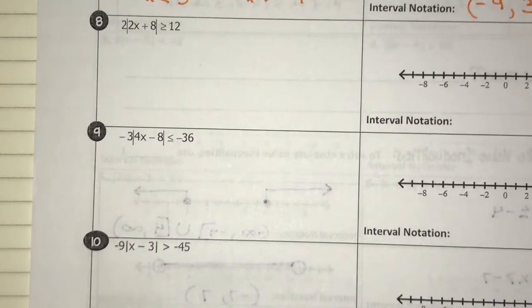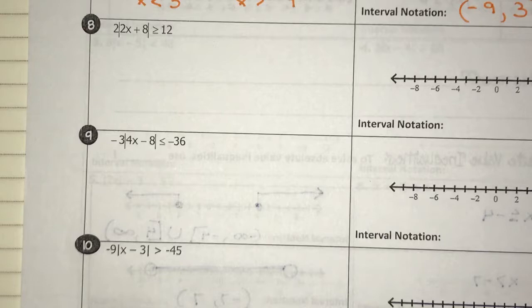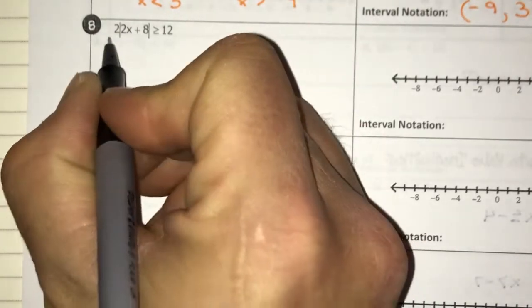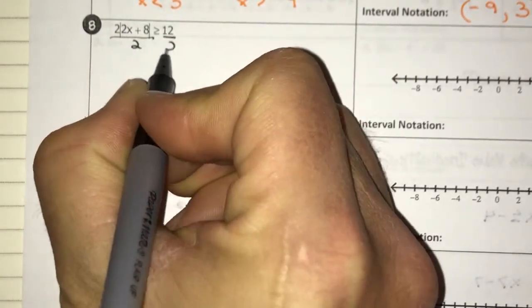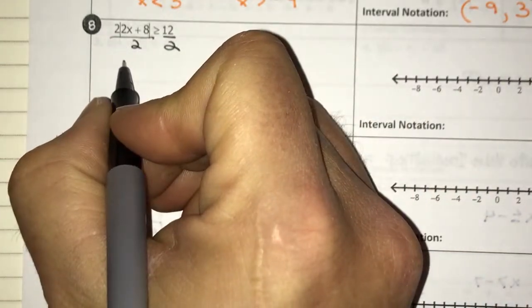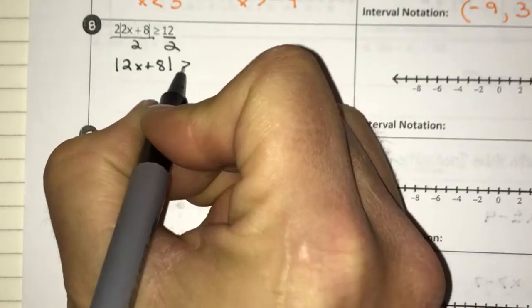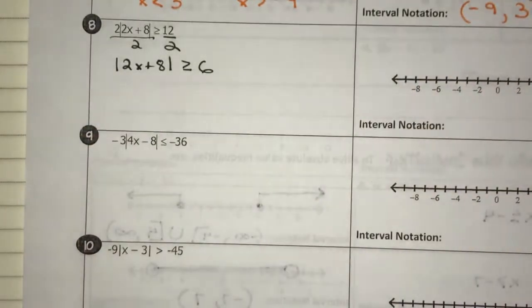Okay, now number 8 really quick. What would you have to do there to get that by itself? The absolute value. What do you have to get rid of? And so how do you get rid of 2 times that? Divide, yep, so you'd have to divide by 2. So you'd have the absolute value of 2x plus 8 greater than or equal to 6.